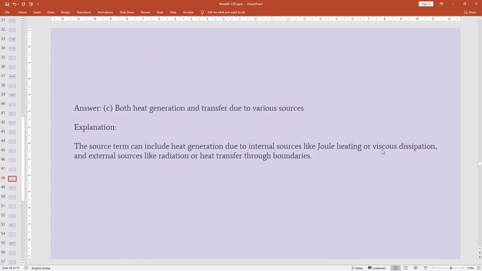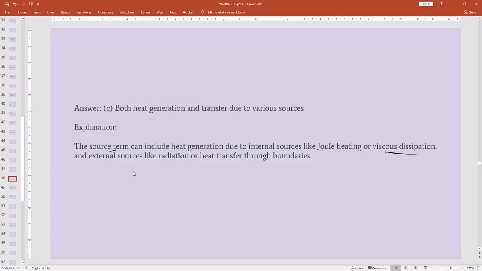Heat generation modes, as we have discussed, are mostly viscous dissipation and also Joule heating. If we are simulating some electronic equipment, resistance heating can occur. Such terms will be added as source terms or heat generation terms within the domain.